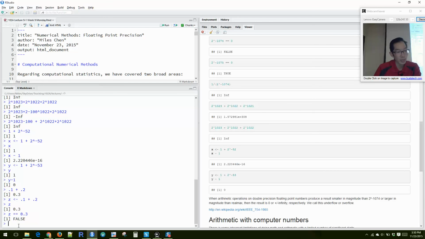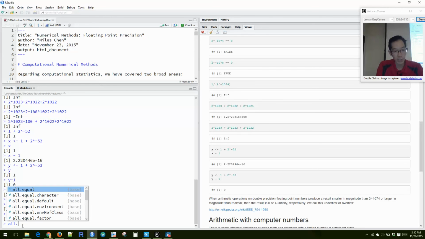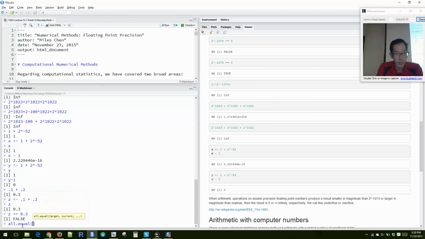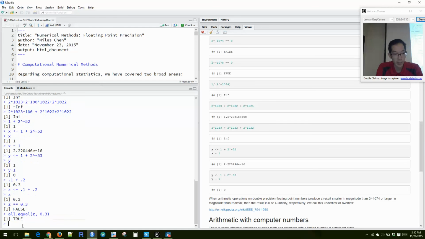And so you have a function called all.equal, and you can say is z equal to 0.3, and then it will say yes, the answer is true. All equal has a tolerance that says if these two numbers are within the tolerance of each other, we're going to say they're equal. Now mathematically, that might not be the case.